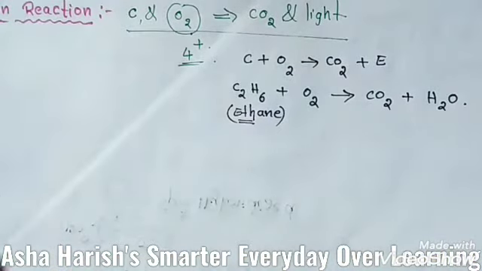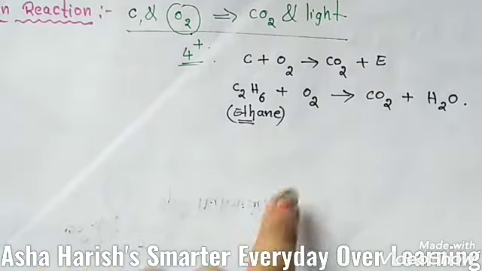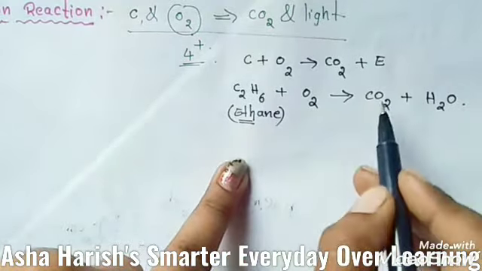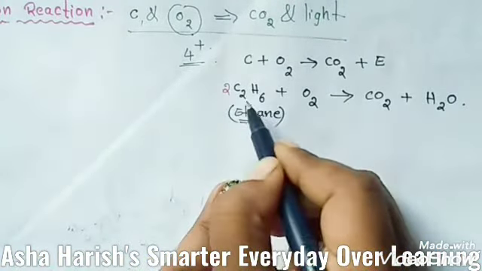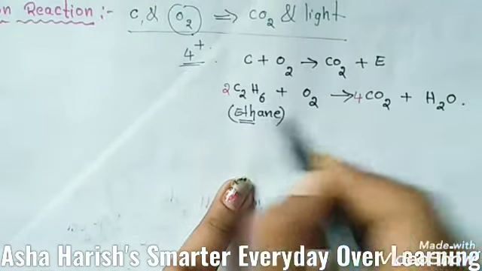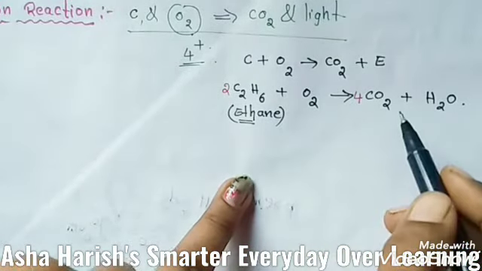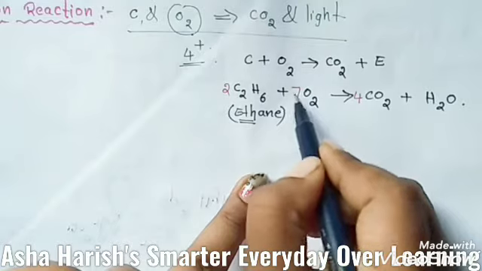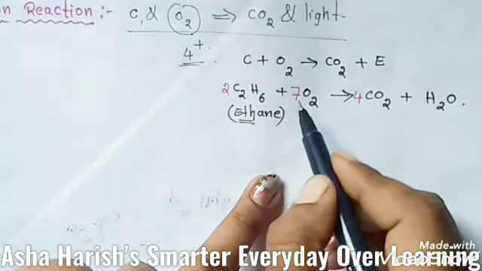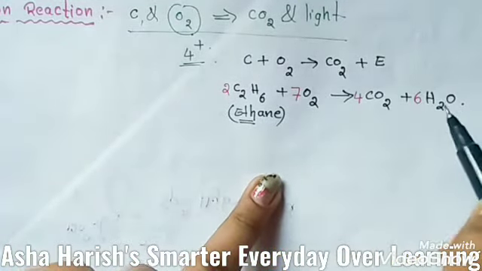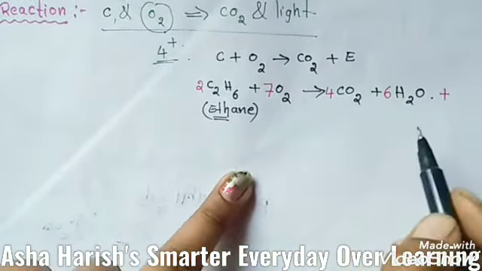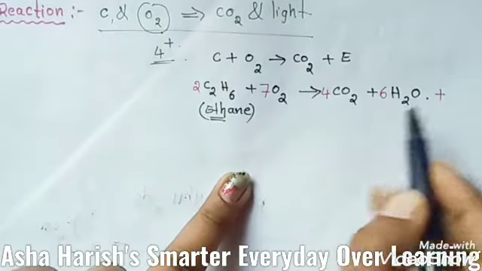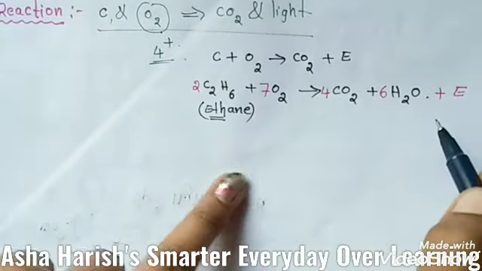Now students, let's balance this equation. How many carbon atoms are there? Both sides you need to balance them. If you keep 2 in front of this and 4 here, carbons are balanced. Now in front of this oxygen, if you keep 7 here and 6 here. Now if you count the number of atoms on both sides, the reactant side and the product side, both are equal, plus energy.